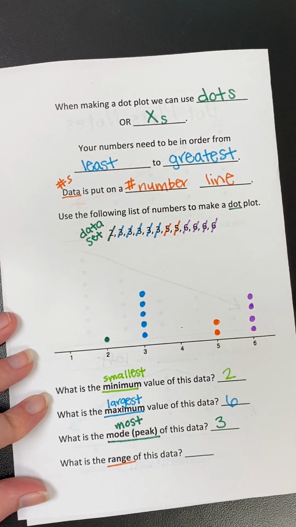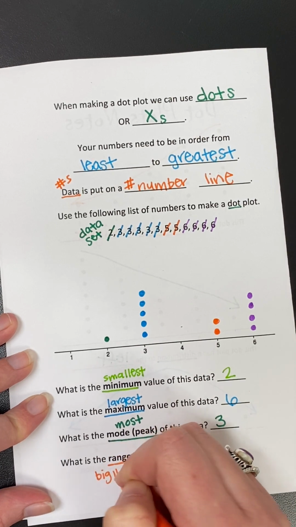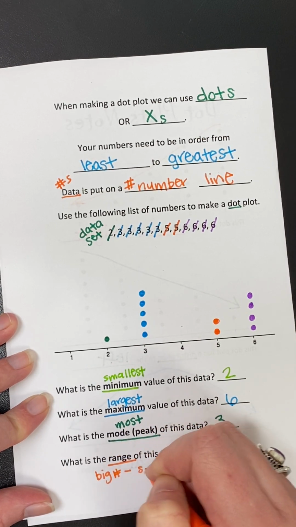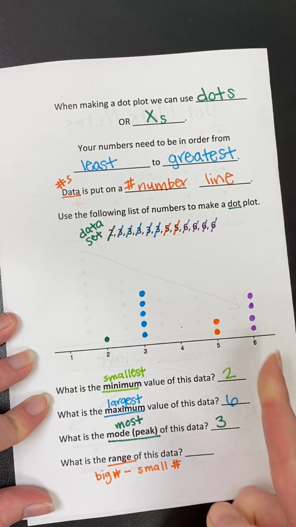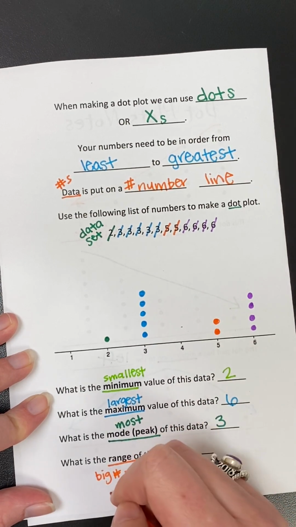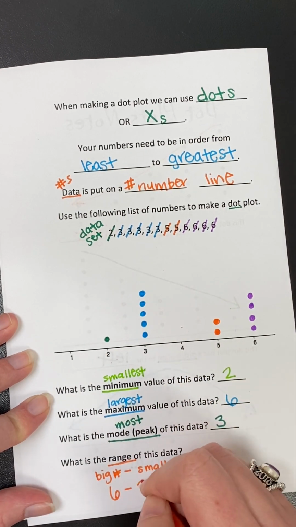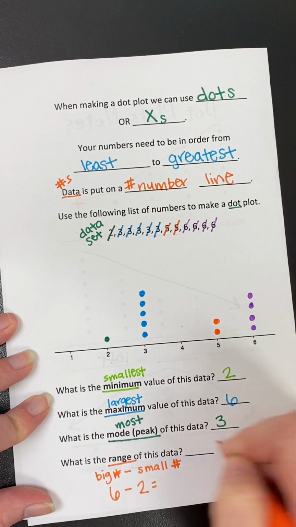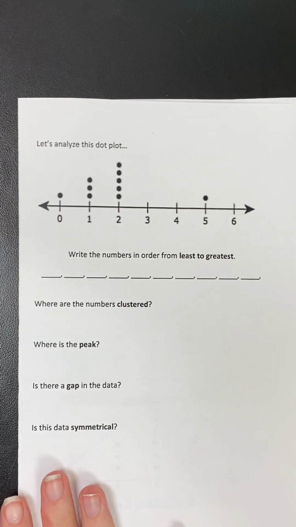And we already know from previously that range is my big number minus my small number. So my biggest number is 6. My smallest is 2. And 6 minus 2 is 4. So that would be my range.